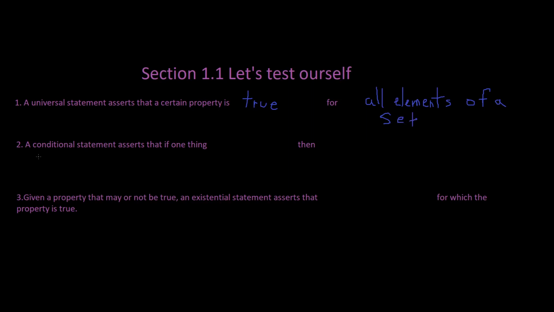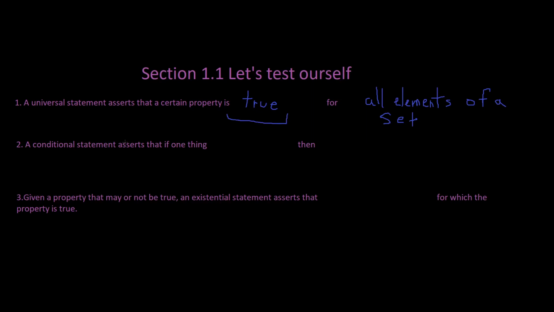Alright, so the second problem says a conditional statement asserts that if one thing is blank, then something blank. And I'm going to give you like 15 seconds to answer this. Alright, so just like I said up here, all these statements say something is true for something.